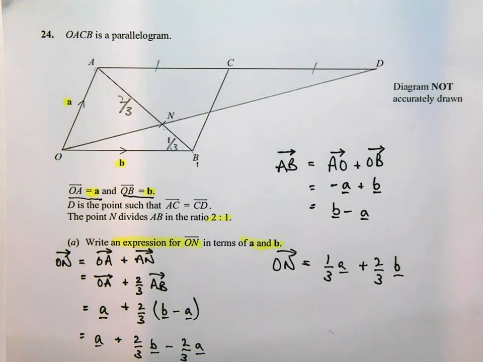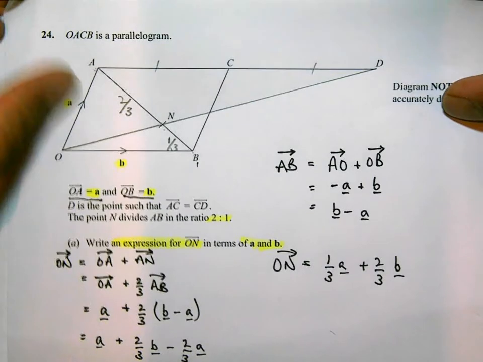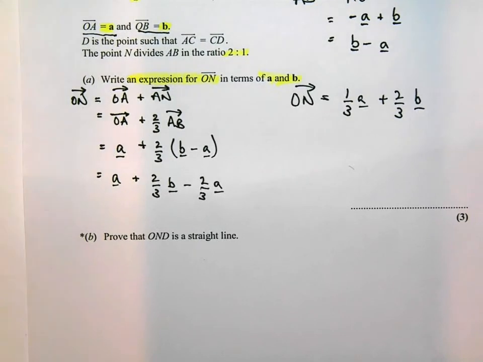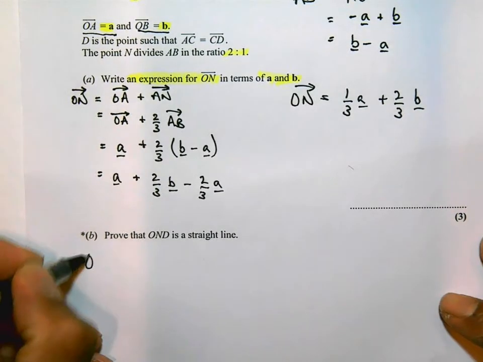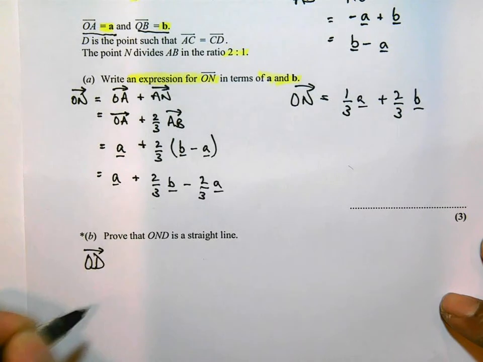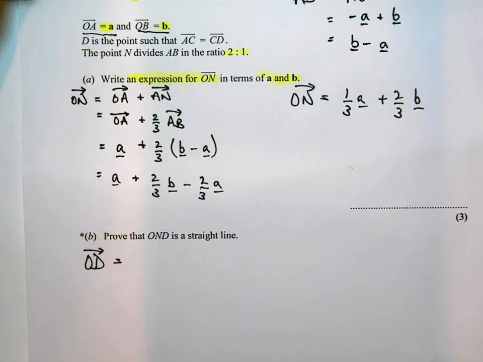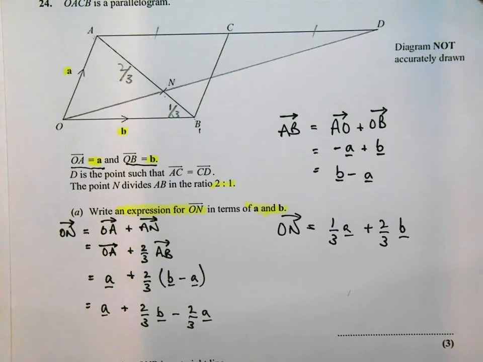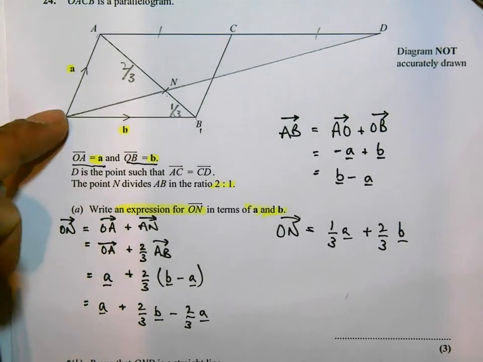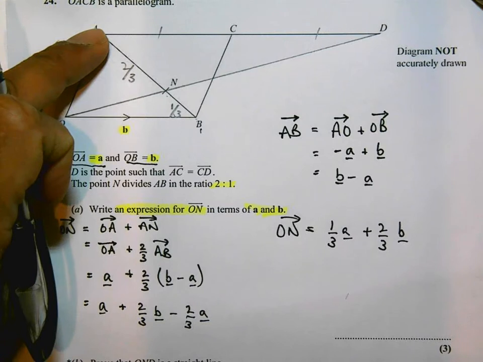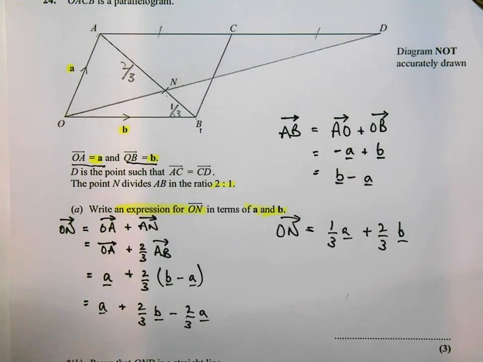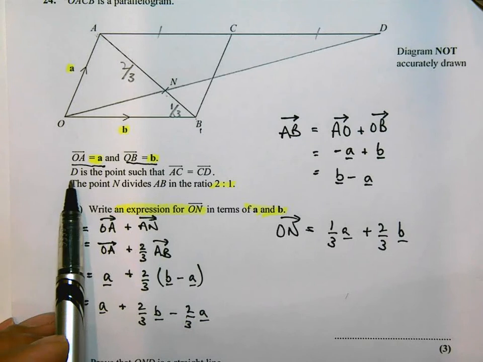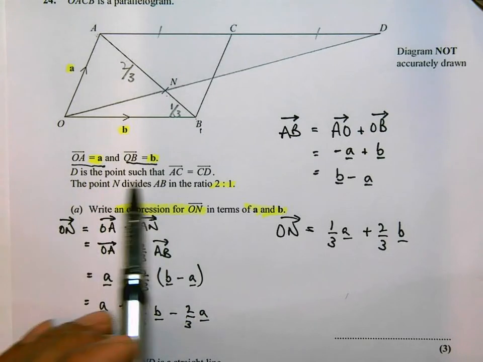So what I need to do is find the vector OD. Let's first of all write down what the vector OD is going to be. OD means that I need to go from O to A, and then from A all the way to D. Now, earlier in the question, they told us that the point D is such that AC is equal to CD.